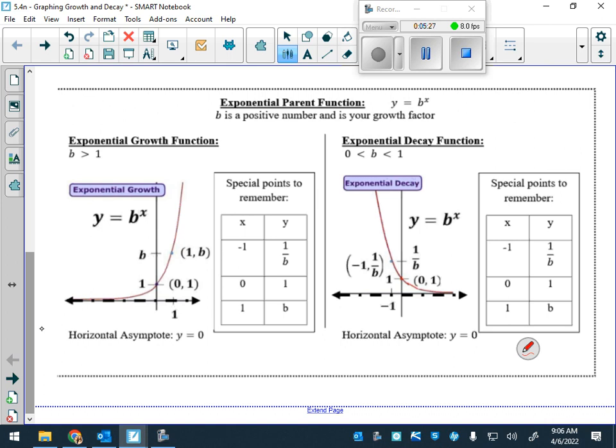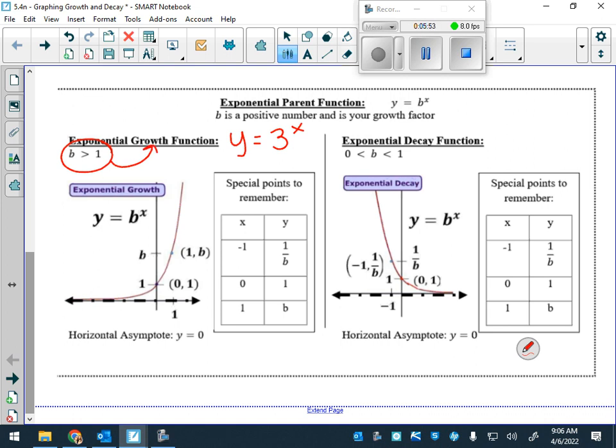Our graphs are exponential growth or decay. The growth function, an example, would be y equals 3 to the x. The b value that is attached to the exponent, if that is greater than 1, you have exponential growth.